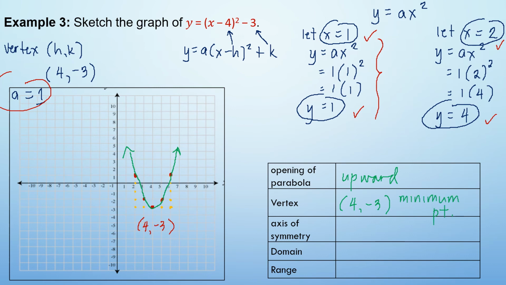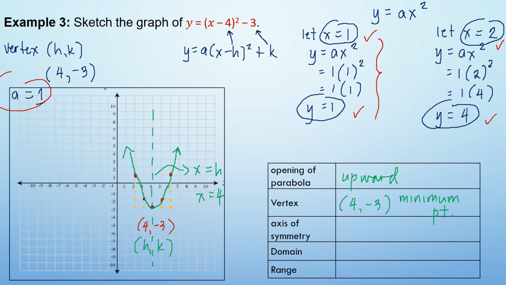of the parabola. The axis of symmetry is the line that divides the parabola into 2 parts, wherein half is a reflection of the other half. The axis of symmetry is x is equal to the value of h, which is 4.